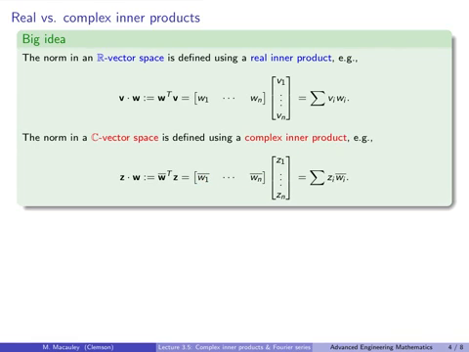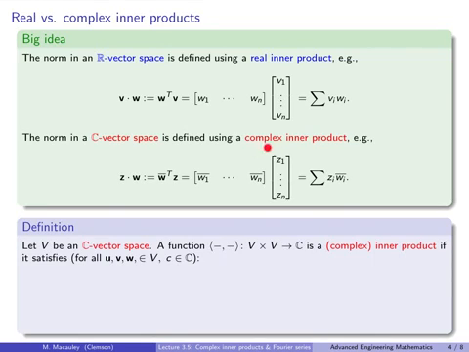And that is the sum of the products of these. So this is like an ordinary dot product, z1 times w1 bar plus z2 times w2 bar, and so forth. We add those up. Now, some books or some people will define this the other way. They'll say this is defined as z transpose w bar. That's fine too. It doesn't really matter. They give you slightly different things, but for all intents and purposes, one of them is just as good as the other, as long as you're consistent.